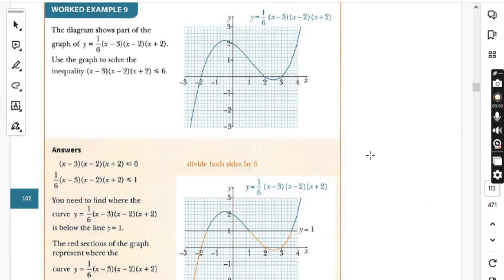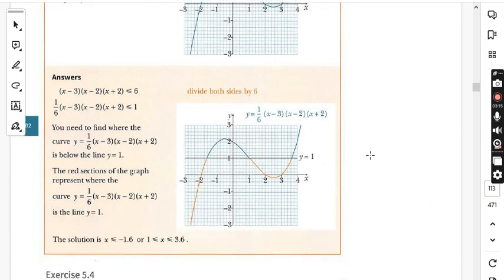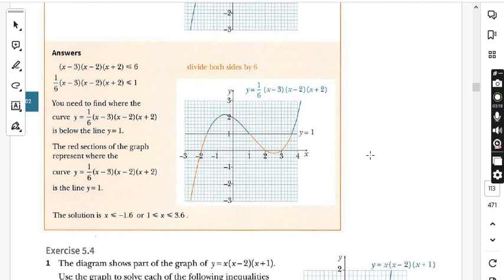Therefore your inequality (x minus 3)(x minus 2)(x plus 2) less than or equal to 6 becomes y less than or equal to 1. So now draw the line on your graph which is y equals 1. Just draw the line which passes through y equals 1. It means the line which is parallel to the x-axis.